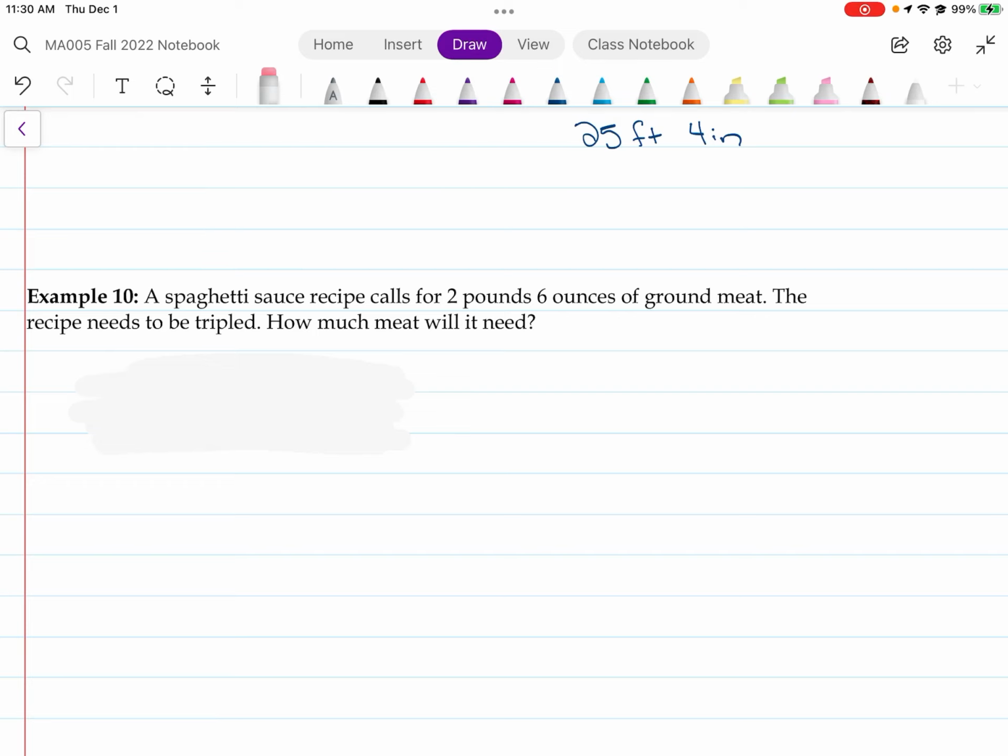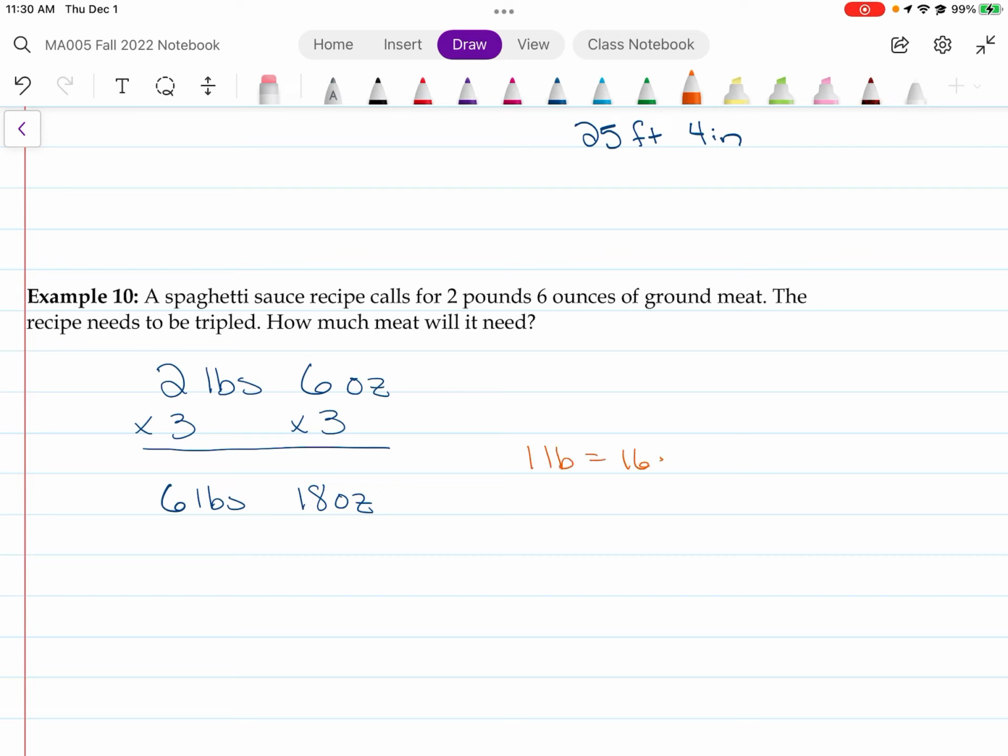All right, so I skipped the repeated addition and I just went straight to multiplication. So we're going to multiply these together. We get 2 pounds times 3 is 6 pounds. 6 ounces times 3 is 18 ounces. All right, so that's more than a pound. 1 pound equals 16 ounces.